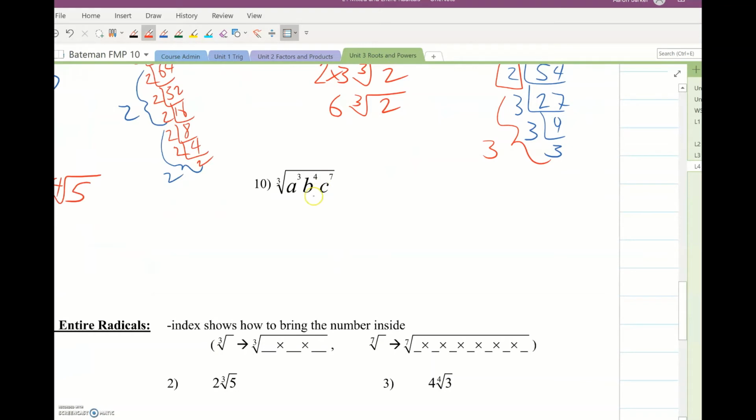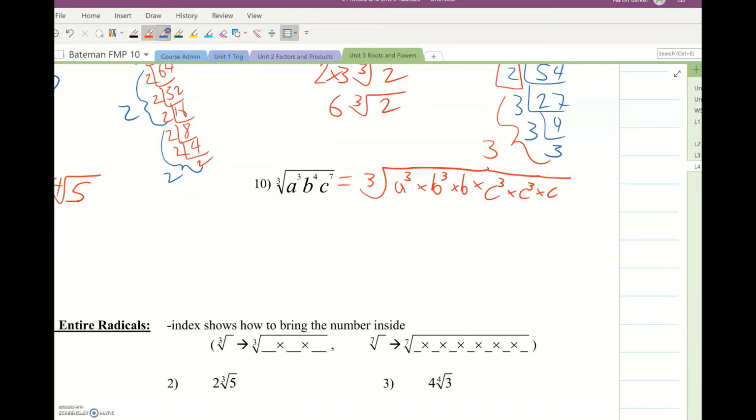Okay, next one. This one's a little tricky. So I'm going to just rearrange this multiplication a little bit to make it easier so you can see it. So what we can do is we can have a cubed times b cubed times b, because that would be b to the 4th. And then for the c, we would go times c cubed times c cubed, that's c to the 6th, times c.